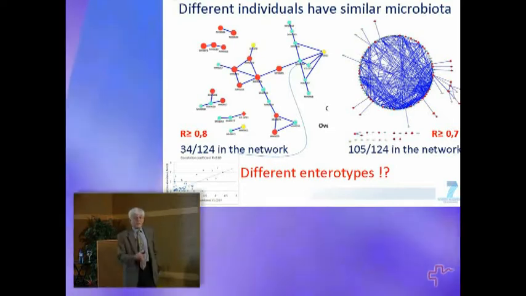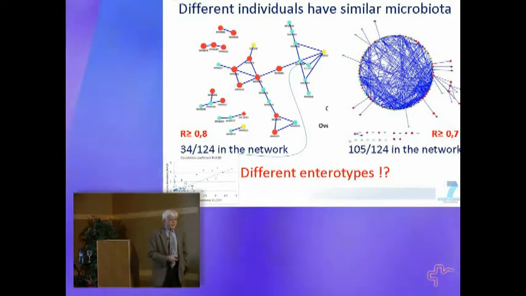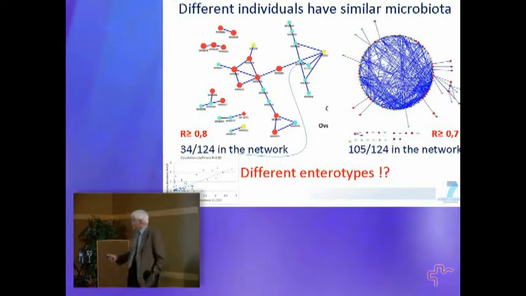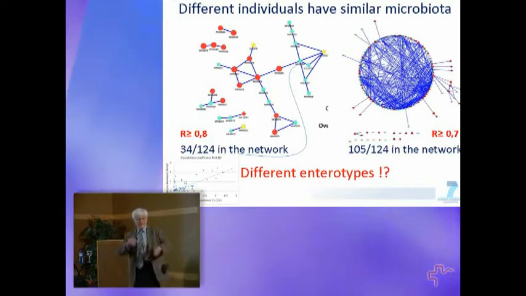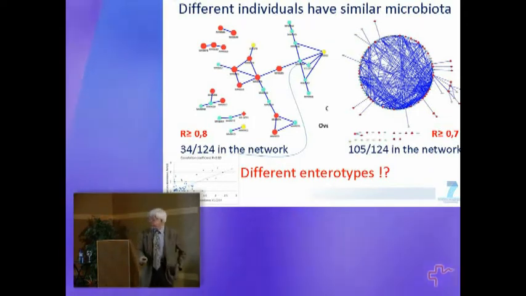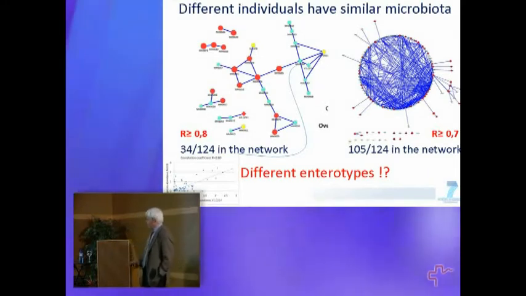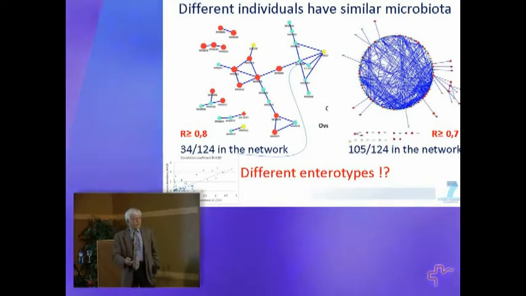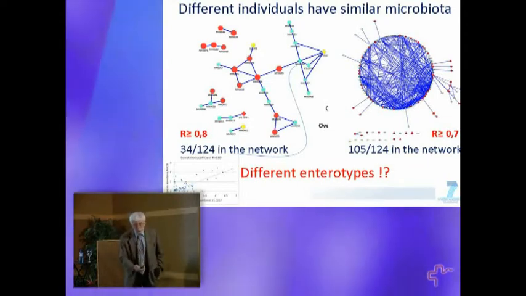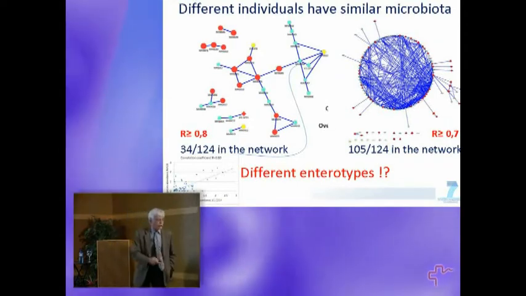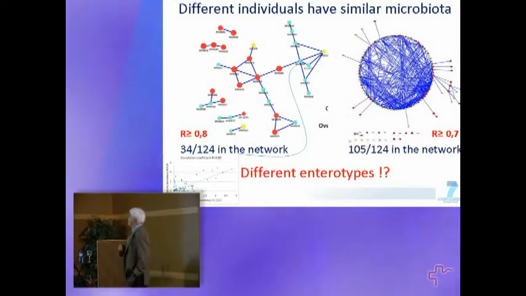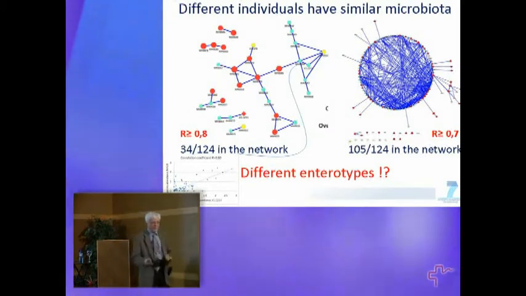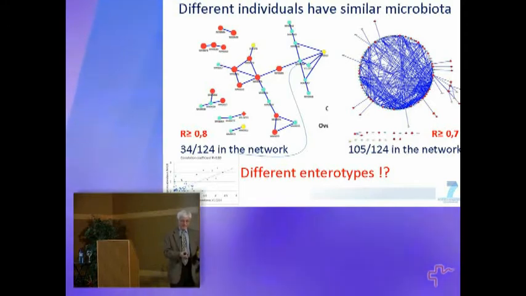There are regions of the network which are less dense than the others. The situation is more complex than when one looks at the very top, but it's kind of intriguing that there seem to be quite high correlations between individuals, but some are much more correlated than the others. I can stop here.